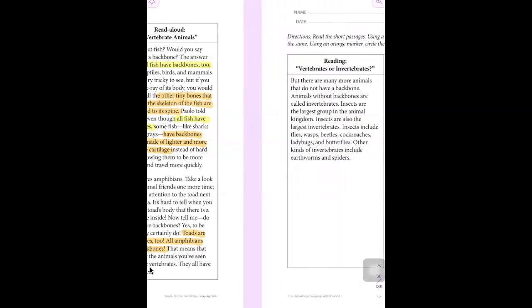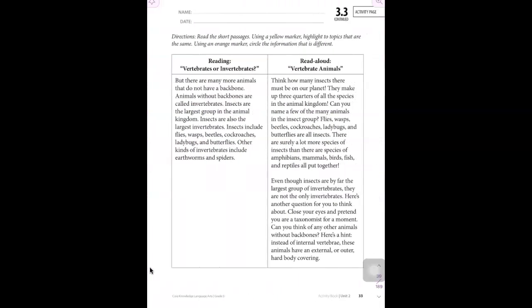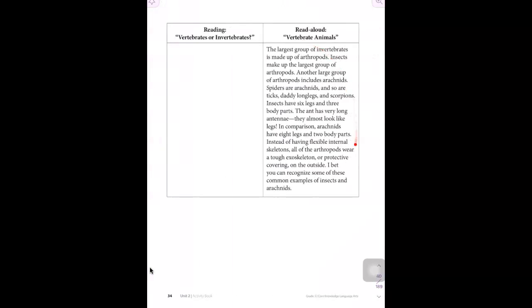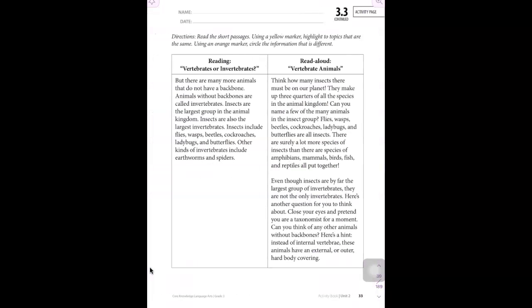Boys and girls, you are going to go on to the next part of 3.3, which is another page, and you're going to do the same thing on your own. You're going to read this side. Think about what the big ideas are, and then you're going to read the other side to see if you can find some things that are the same and underline or highlight in yellow.